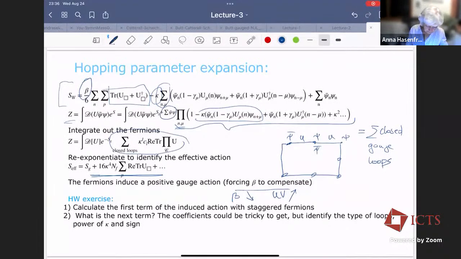Nevertheless, this is what we call the hopping parameter expansion. I was still ambitious, so people might even do exercises. I suggested to calculate the first term that I already gave here and try to calculate the higher order terms.